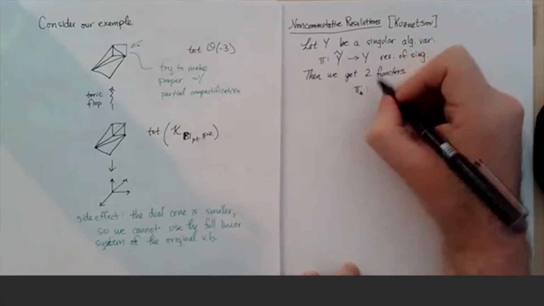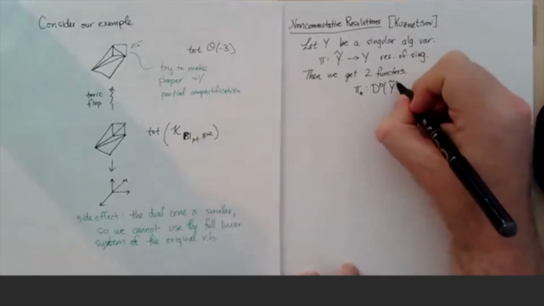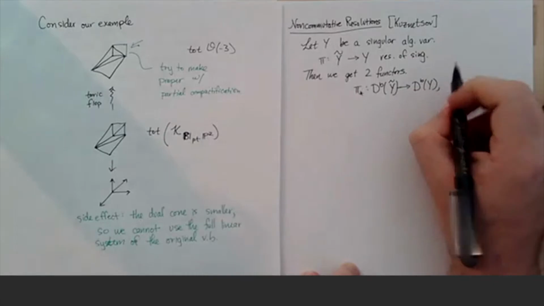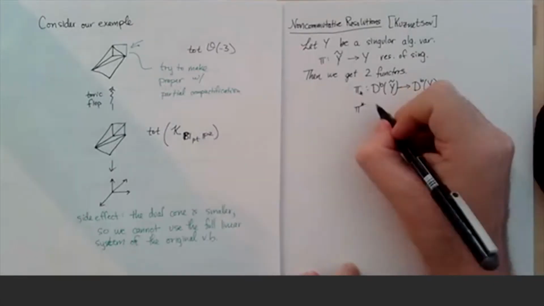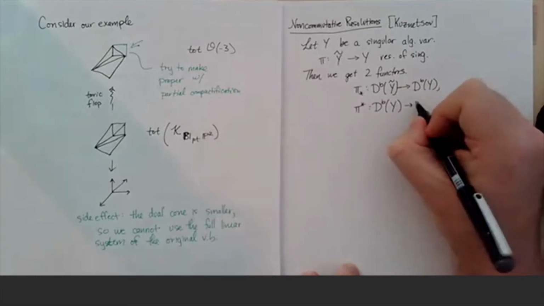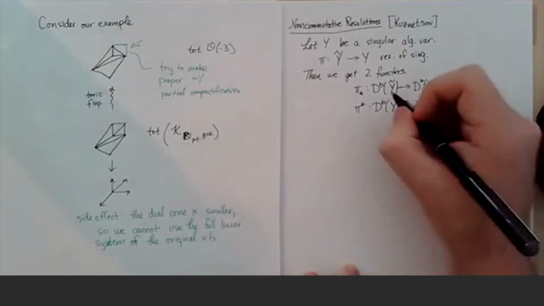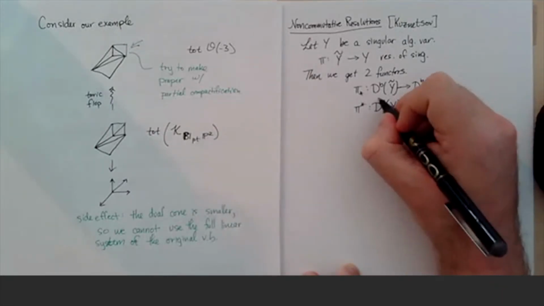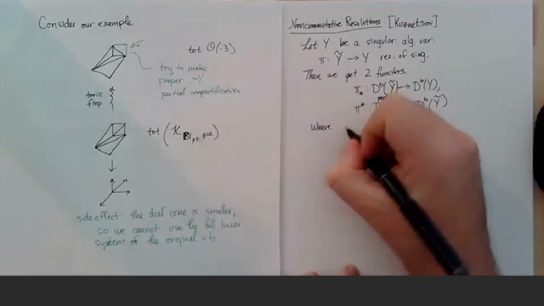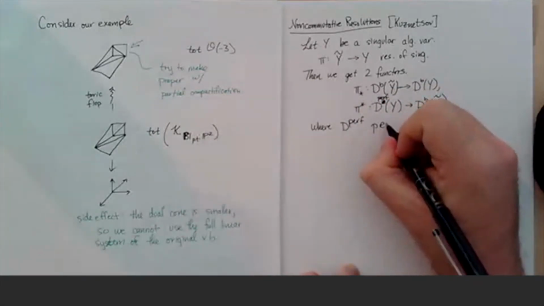Push down, the derived push forward from D^b of Y twiddle to D^b of Y. And then we get the pullback from D^b of Y to D^b of Y twiddle. But, oh, sorry, this should not be this. This should be Perf. Okay, so this is where D Perf is the perfect complexes.